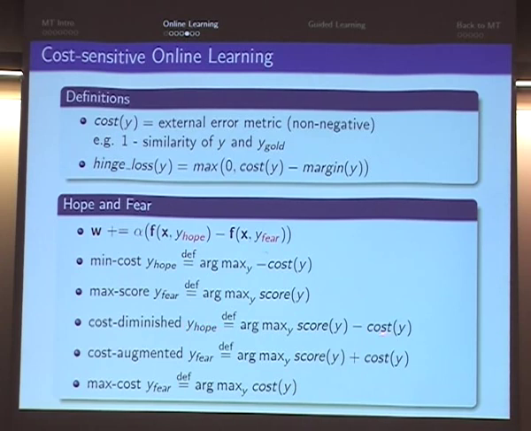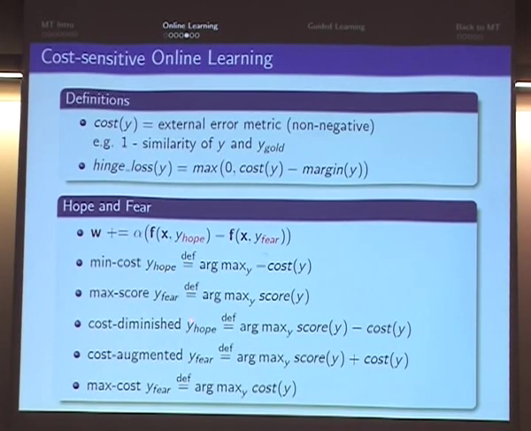Originally we had only the cost, so we were looking only for the hope hypothesis with a minimal number of errors. But here I also want to choose a hypothesis which is scored by my system highly or reasonably. So take some compromise between the score and the cost.